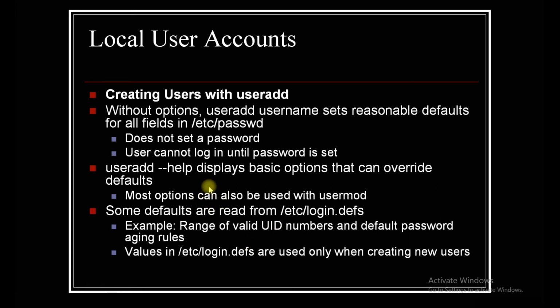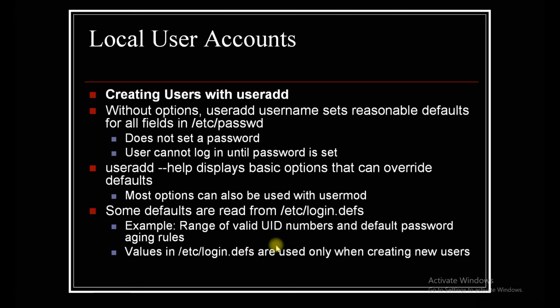Okay, and let's say if you don't mention any of the parameters, the 7 fields, then it will take the defaults. Let's say you don't mention the UID, so it will take it from /etc/login.defs. It will take the available, let's say a specific range is mentioned, so it will take the first available number from the UID range.